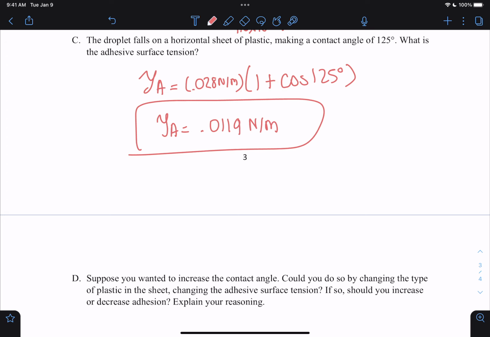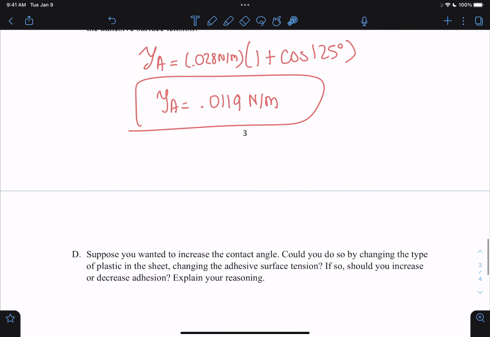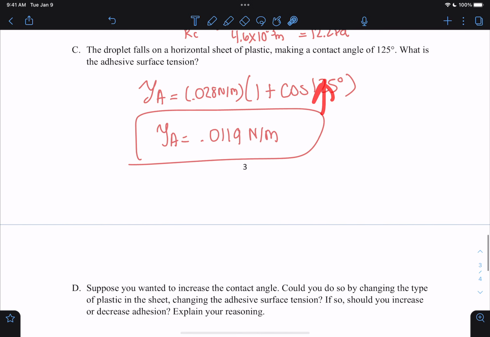So if you were to use your calculator to prove this, if you were to increase the contact angle, let's say from 125 to 140, and you add this to 1 and multiply by your surface tension, you would get a smaller adhesive surface tension. So if I increase the contact angle, I decrease my adhesive surface tension.